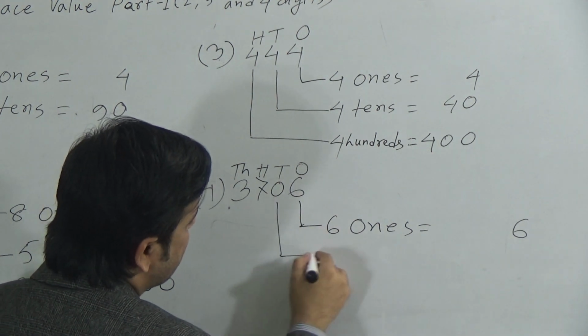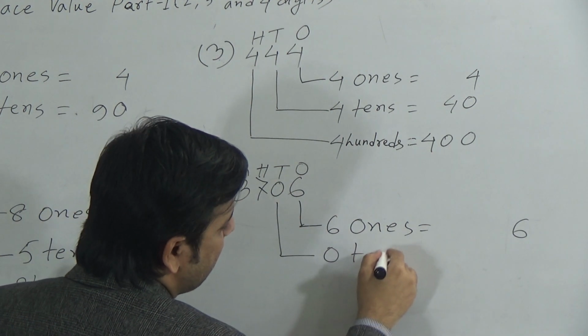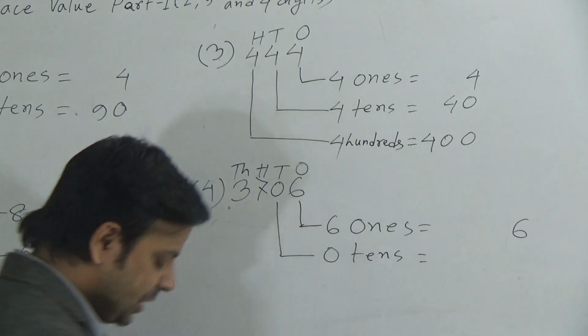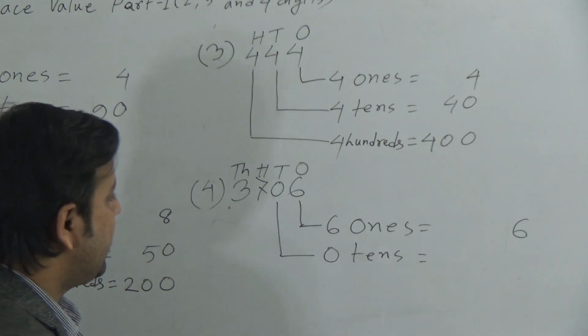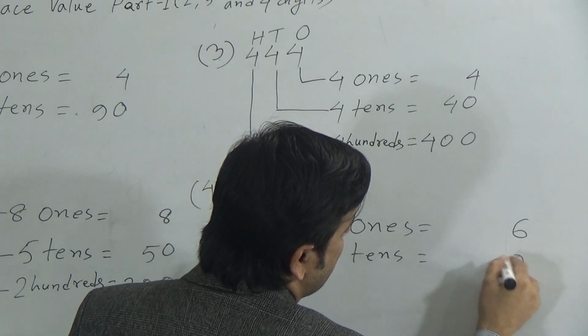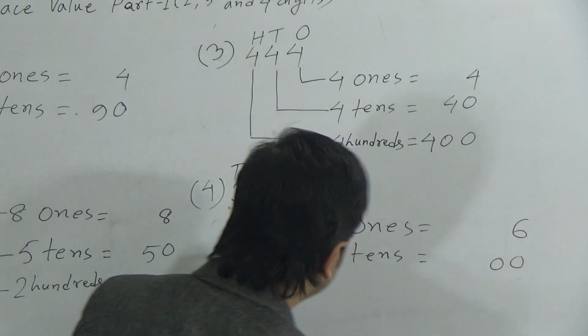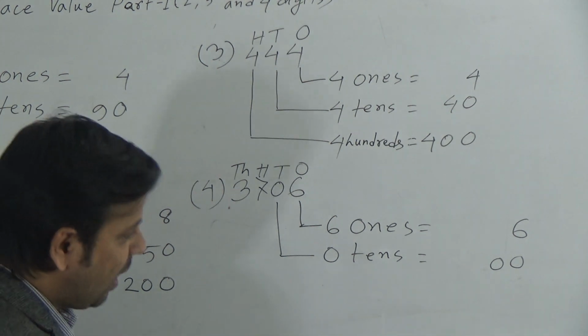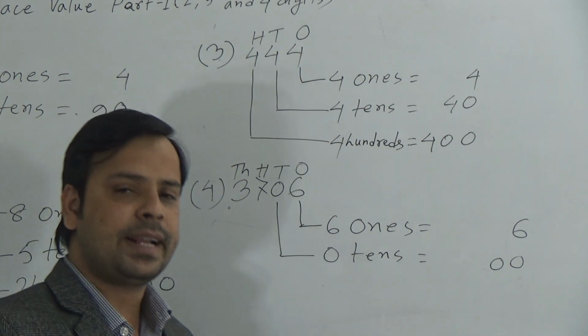Now 0 tens. If 0 is in any position, the value will be 0. As here are 2 digits, we can write 2 0s. If you write only 1 0, that will also be correct.